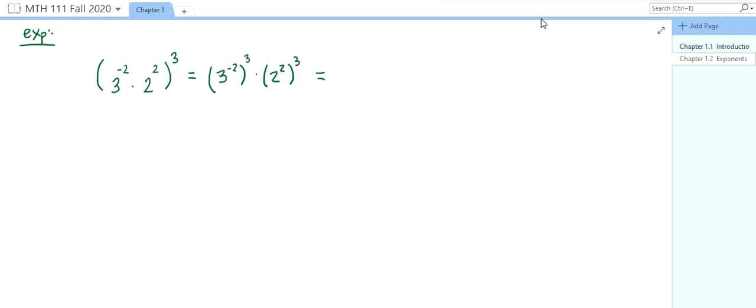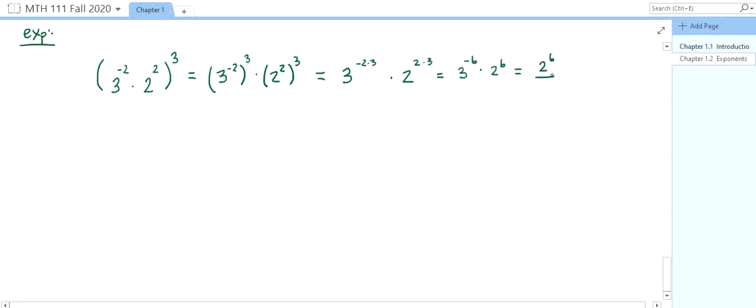So 3 to the minus 2 cubed, 2 squared cubed. So this then is 3 to the minus 2 times 3 times 2 to the 2 times 3 equals 3 to the minus 6 times 2 to the 6th equals 2 to the 6th over 3 to the 6th.